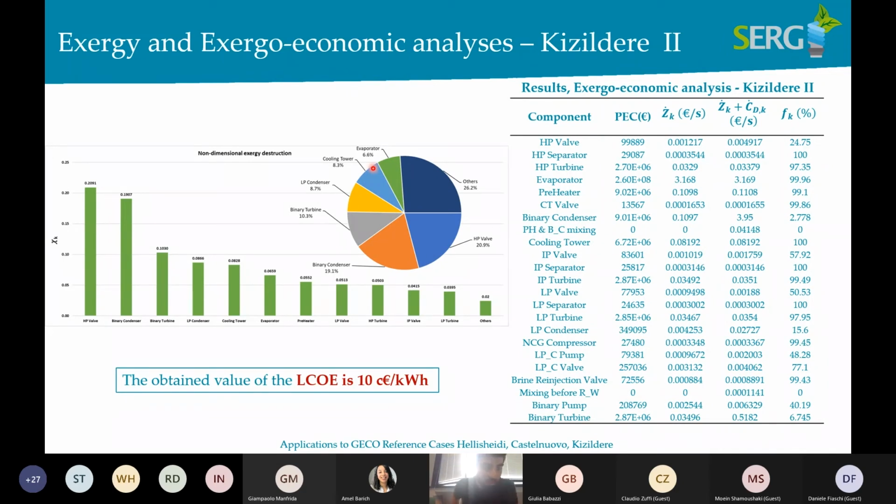But from the first analysis, the Exergy and Exergo-Economic analysis found that the main issues can be found in the HP valve and the binary condenser, where the highest Exergy destruction was found, while the levelized cost of electricity was found to be higher than the other power plants due to the complexity of this power plant, at 10 euro cents per kilowatt hour.